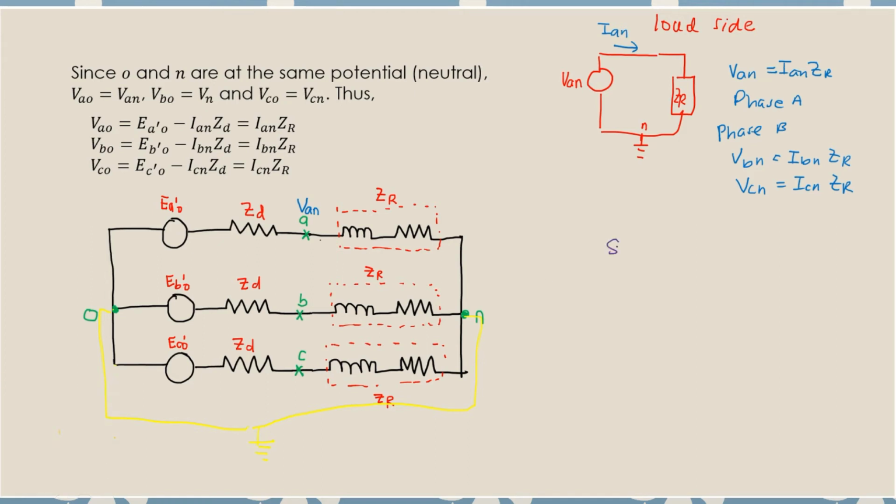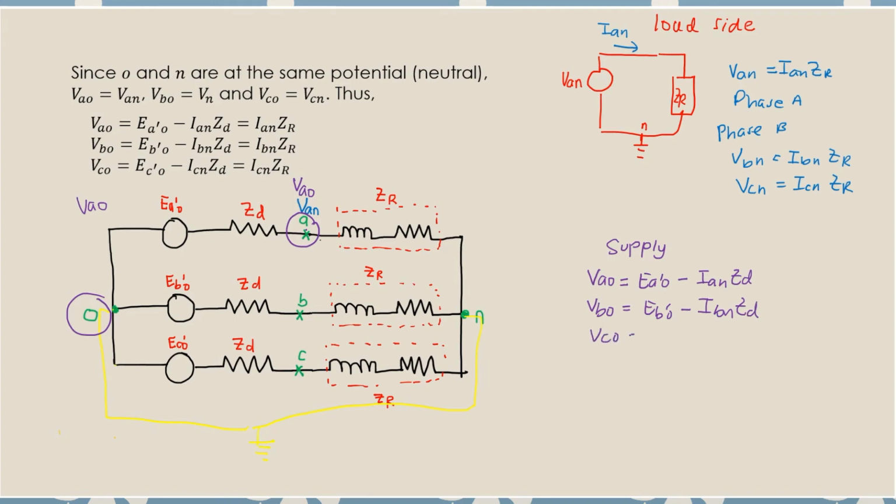For the supply side, remember, we have VAO. Remember, VAO is EA0 minus IAN ZD for phase A. For phase B, VBO is EB0 minus IBN ZD.